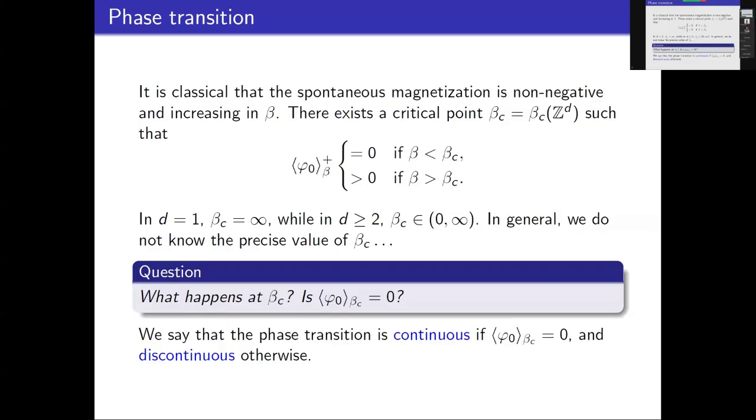So is there an example where someone proved that a phase transition is continuous, but they didn't know what p_c was? Let's say I was doing bond percolation on Z^2. I didn't know p_c was a half. Would I have a chance of proving this is continuous at p_c if I didn't know it was a half? Well, that's an interesting question. For Bernoulli percolation, we do know the value. It's 1/2.